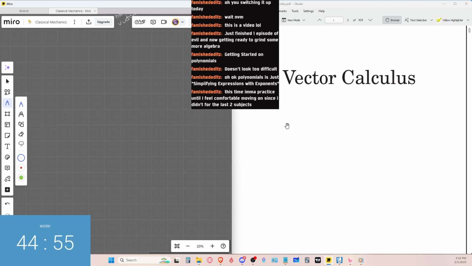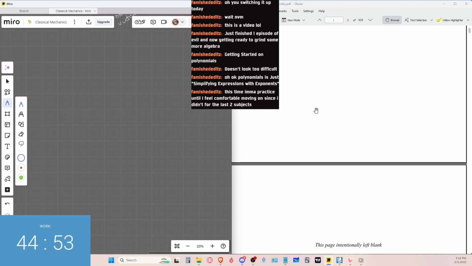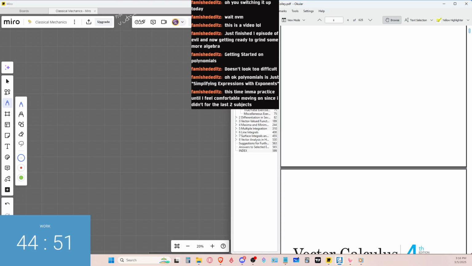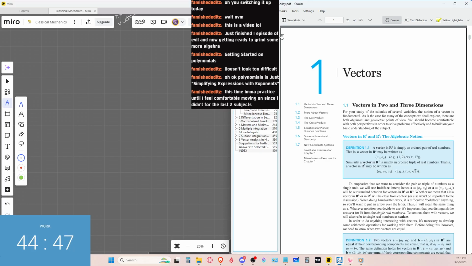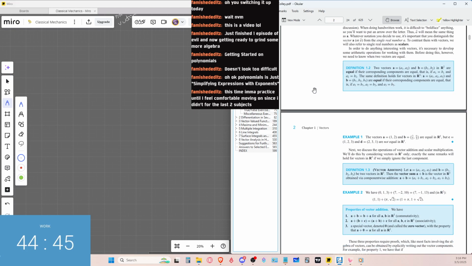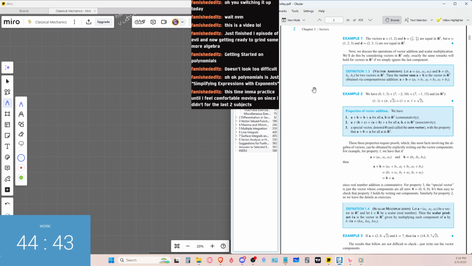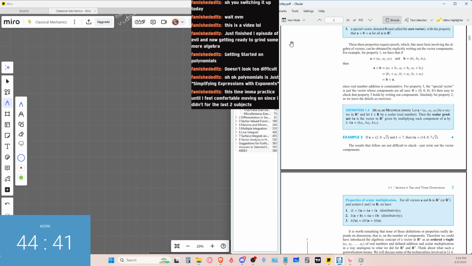So this is a new book. I mean, it's a new book for me because I haven't read it. So I guess we'll just start, because we already know quite a bit about vectors.